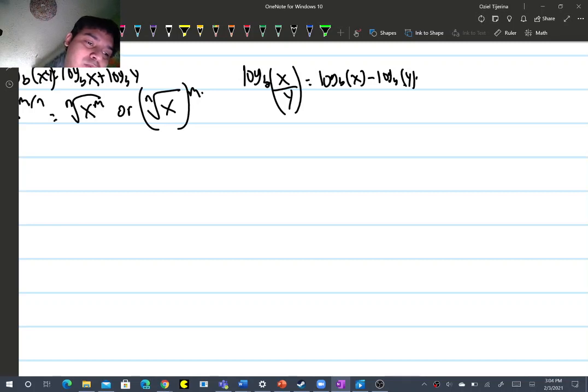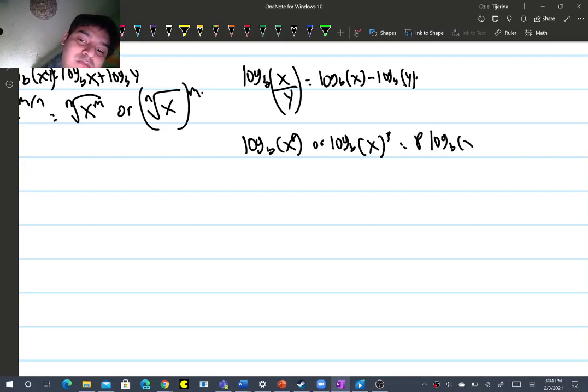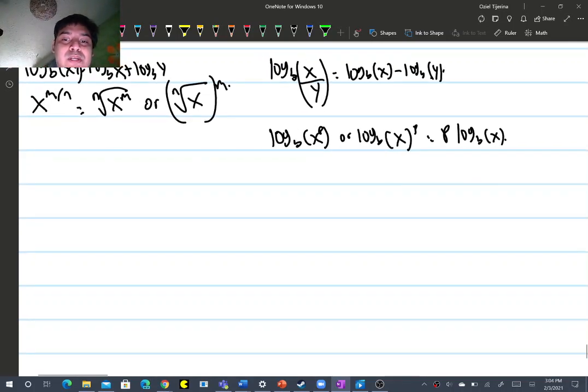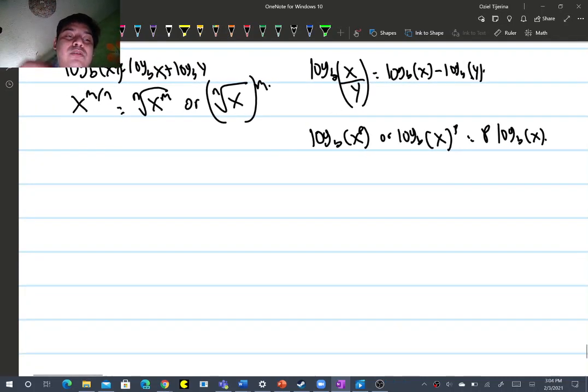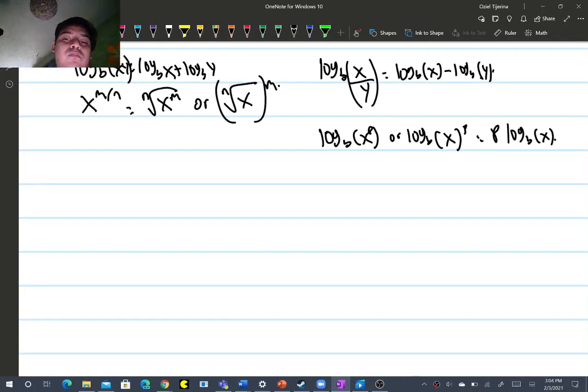Also, the power rule, log base b of x to the p equals p log base b of x. Basically bringing down the power and putting it in the front of the logarithm. And then the last one, which I forget all the time, which is the change of base formula.